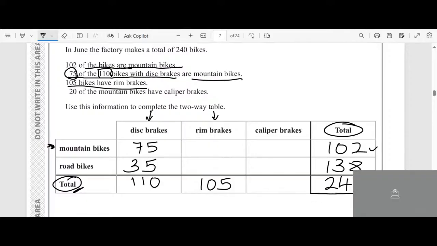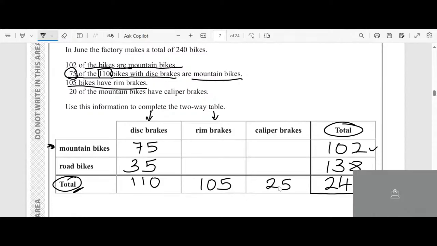I have 110 and I have 105. A total of 110 and 105 should give me 215. They have not reached 240. So if I have 215 and I want to subtract, it will give me the total for the caliper brakes.